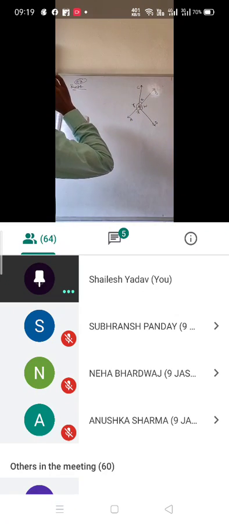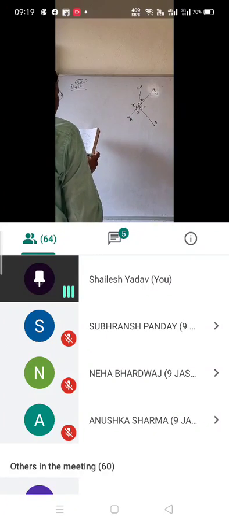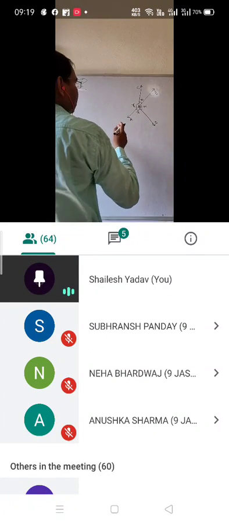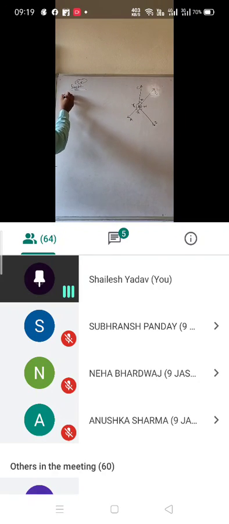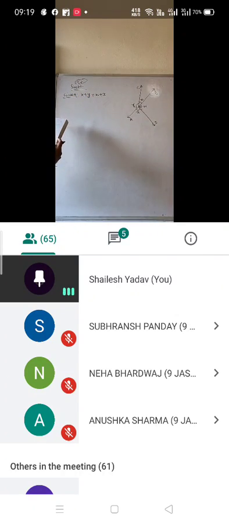In this question, this diagram is given, and it is given in the statement that if x plus y equal to w plus z.